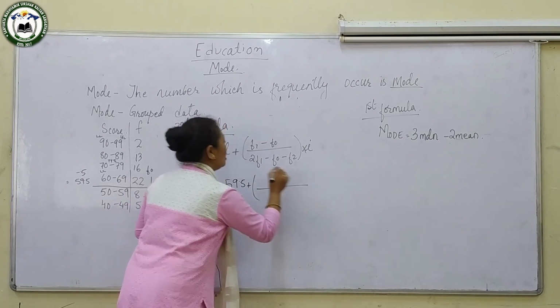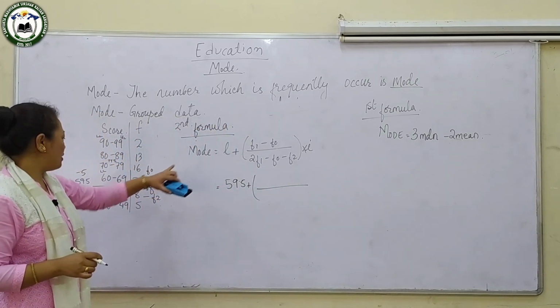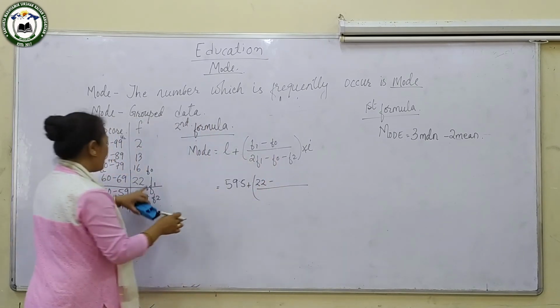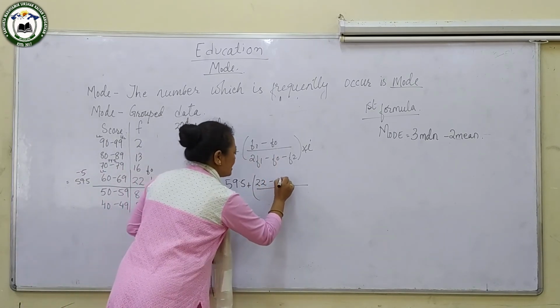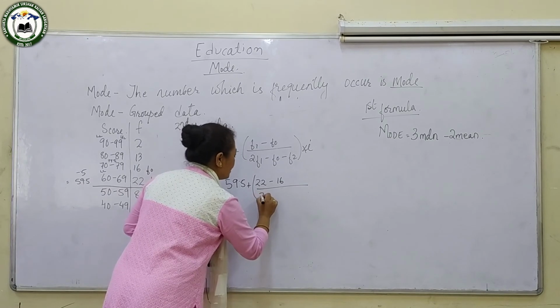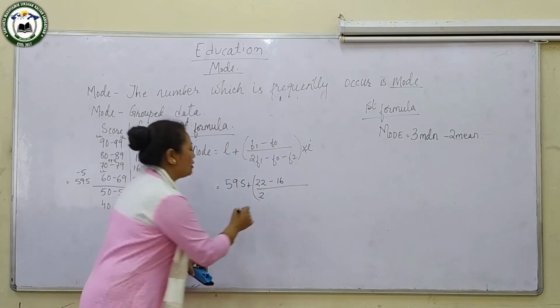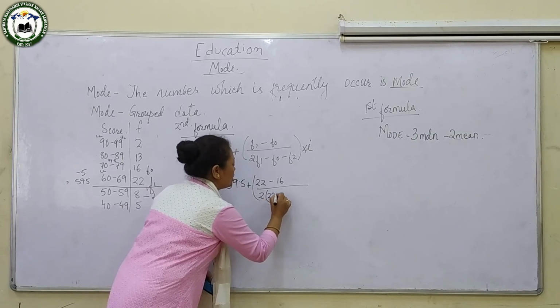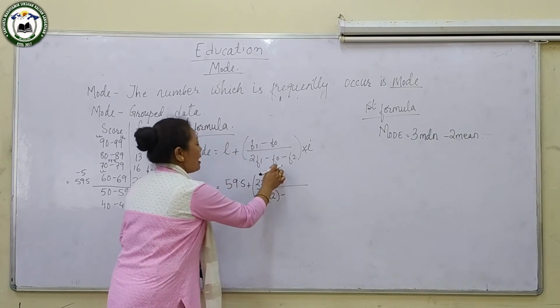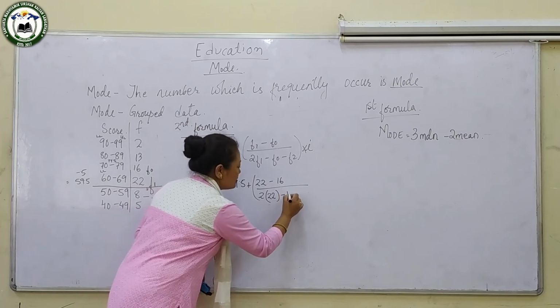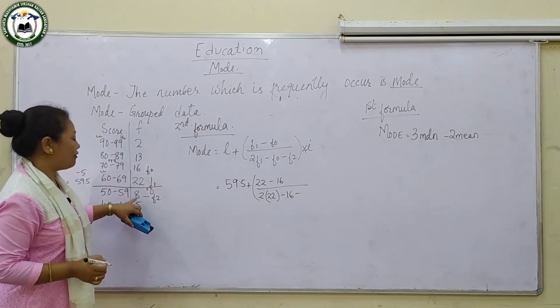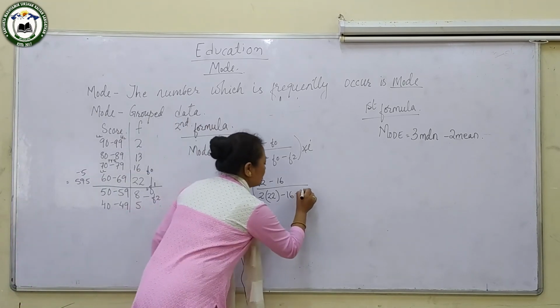Now what is my F1? My F1 is 22 minus F0 is 16, divided by 2. What is my F1? F1 is 22. So I'll put this into a bracket, minus F0 which is 16, minus, what is my F2? My F2 is 8.